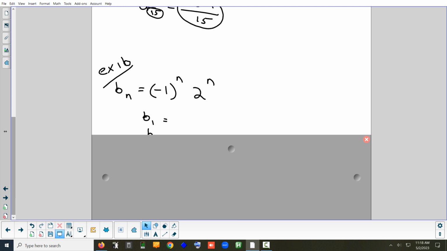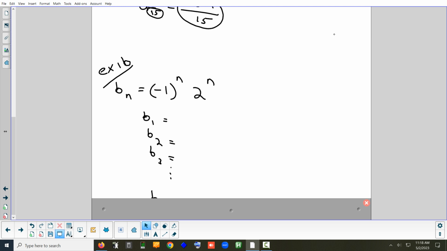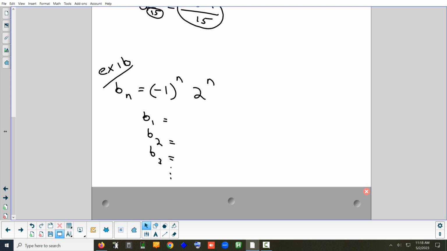All right, let's try this one. So what's going to happen? Does anybody notice before we start doing it what a characteristic that this sequence is going to have? Like besides the n being exponents? Well, something special is going to happen in this sequence.